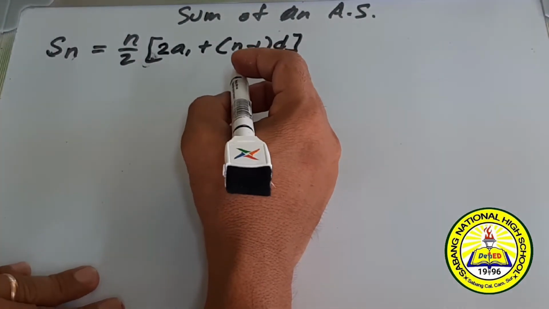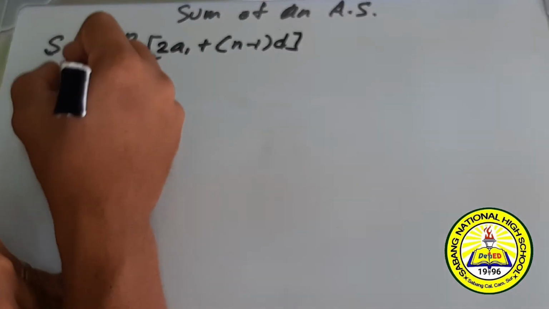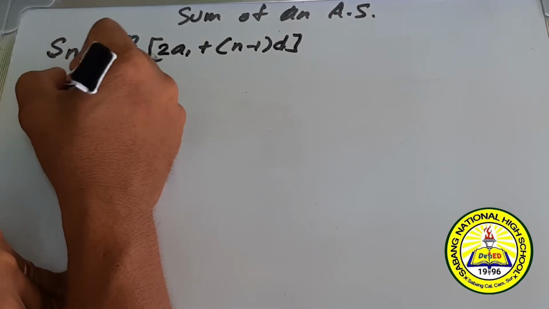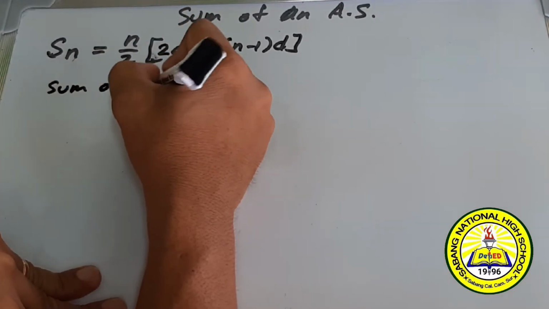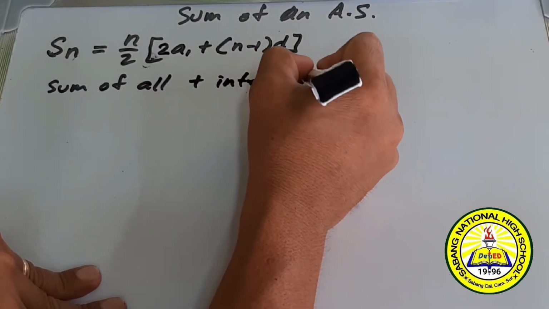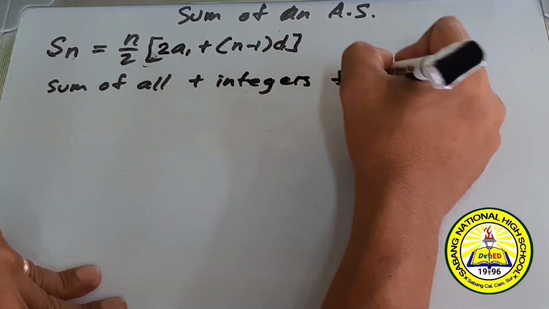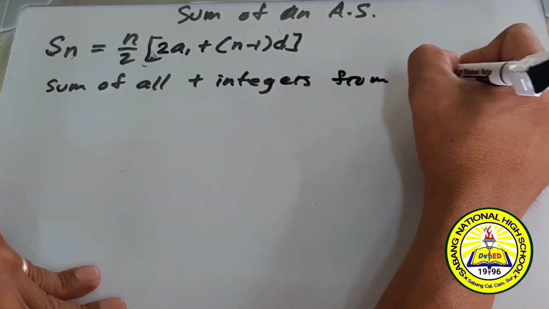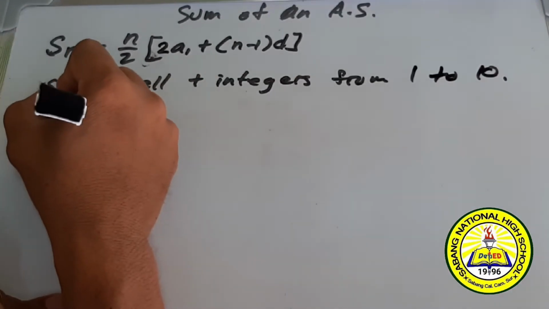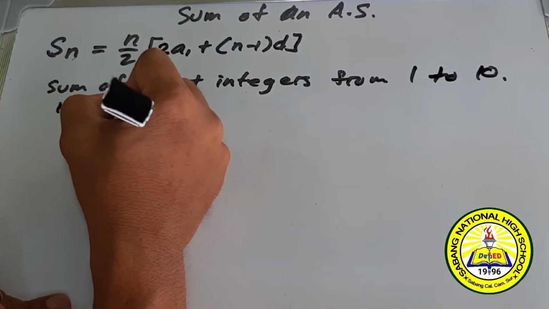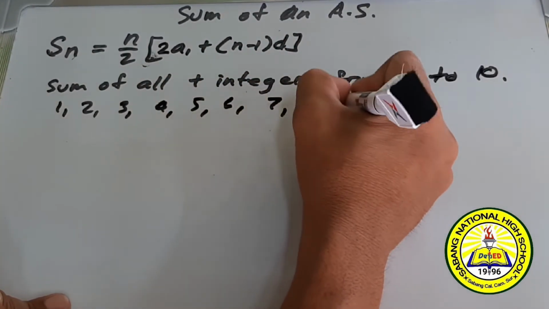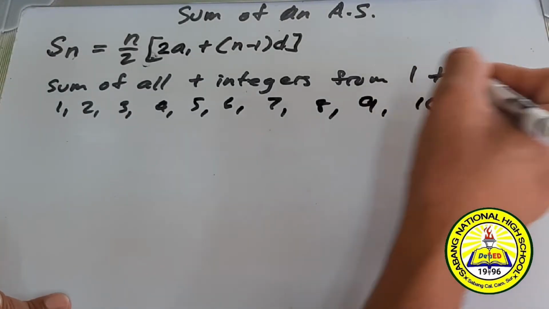Okay, let us take an example from 1 to 10. Find the sum of all positive integers from 1 to 10. So we have the sequence 1, 2, 3, 4, 5, 6, 7, 8, 9, and last is 10.